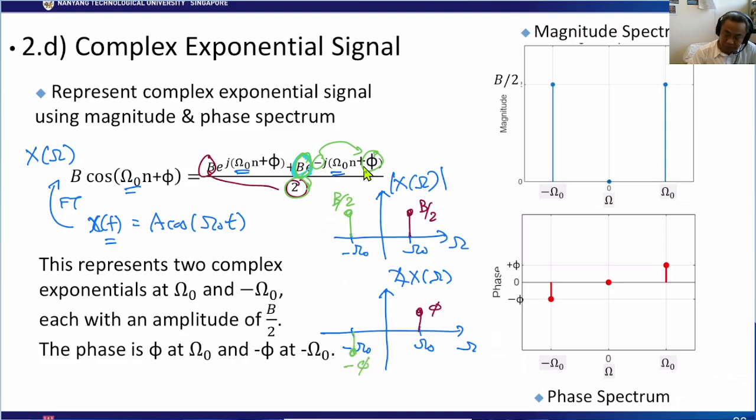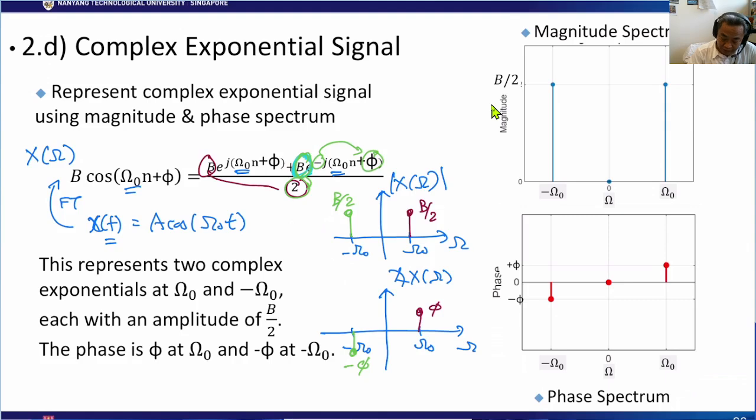Negative phi. So you realize that this function X of omega has two diagrams. One is a magnitude and one is a phase. And where there are values, it is actually representing the magnitude and the phase associated with e to the j omega naught t.